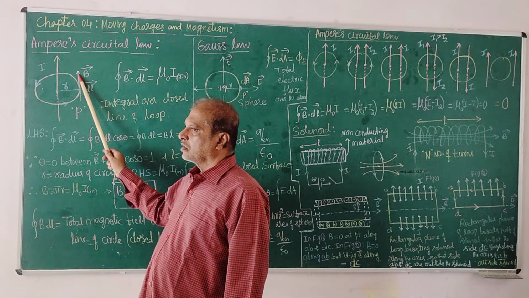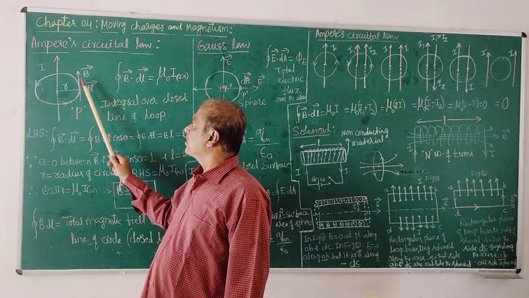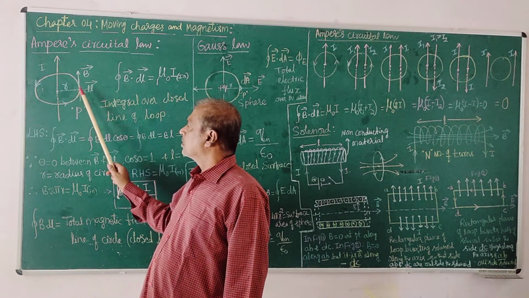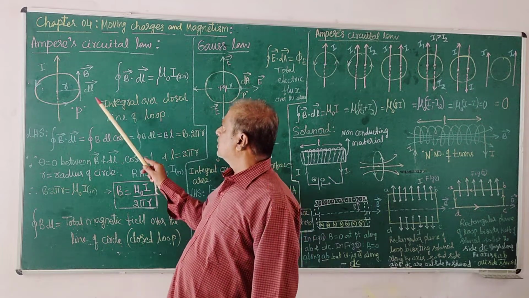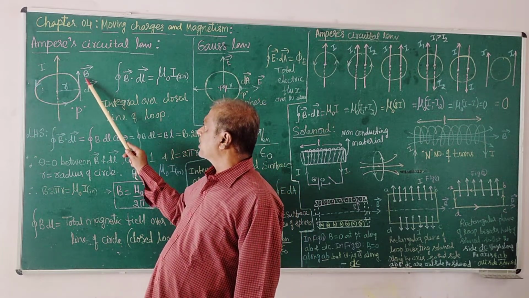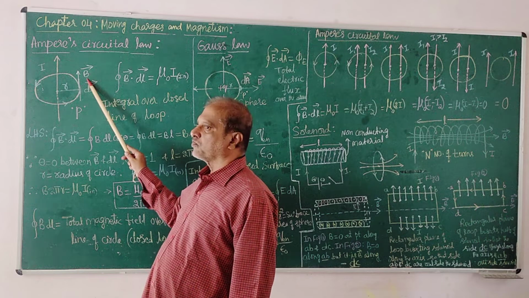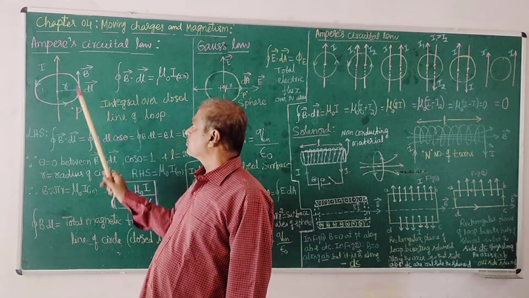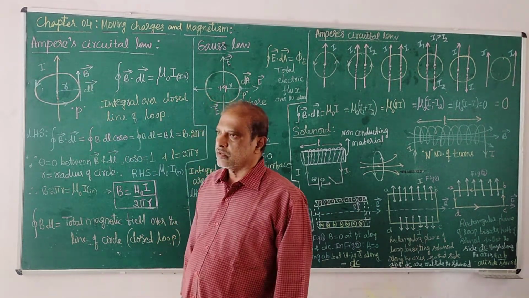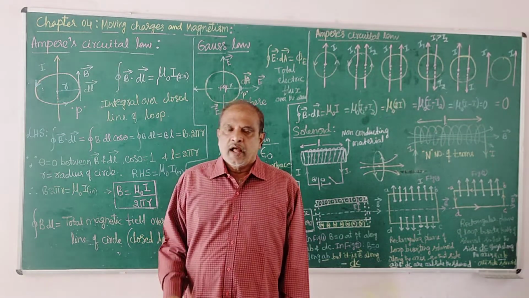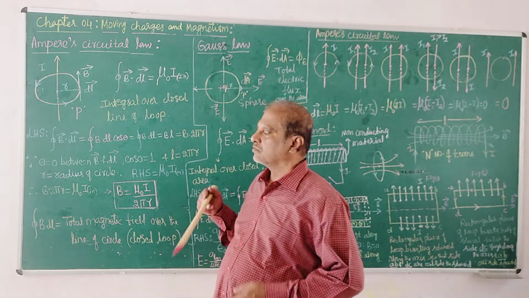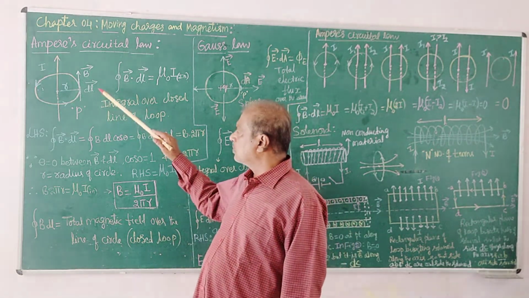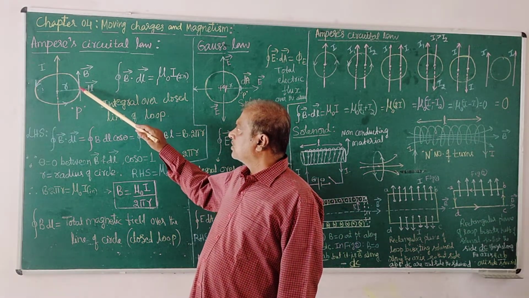This arrow mark is the direction of the magnetic field at this point. And interestingly, the dl direction and B direction are in the same line, in the same direction. In other words, the angle of separation between the vectors is 0, theta is 0.